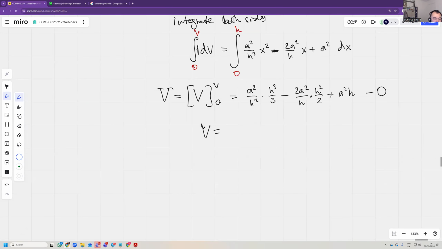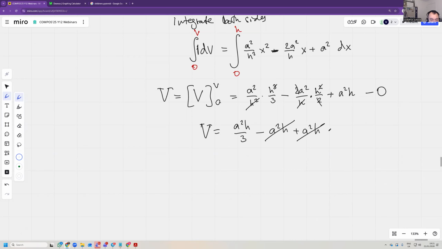So the volume of the pyramid is, h squared cancels, so a squared h over 3. 2 cancels out, h cancels out, minus a squared h plus a squared h.